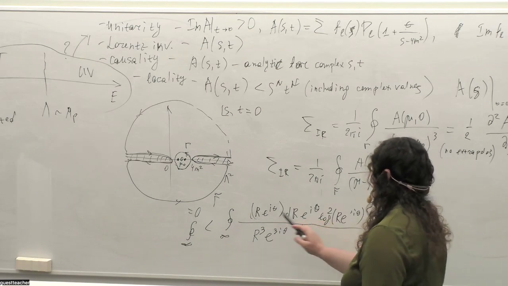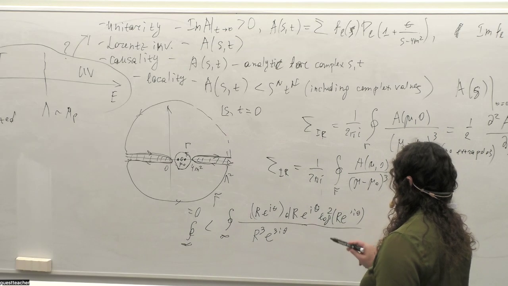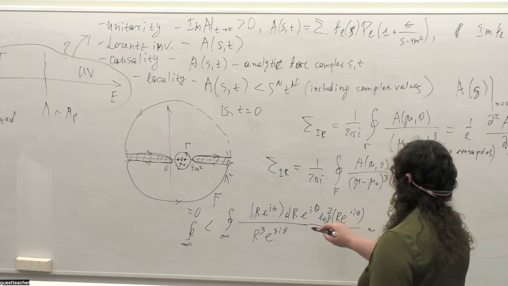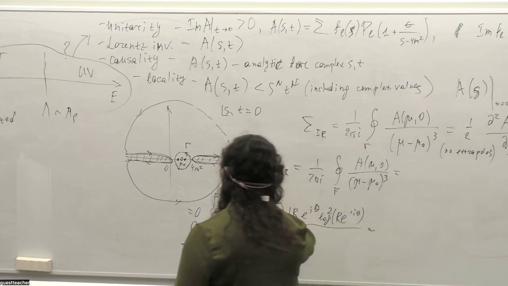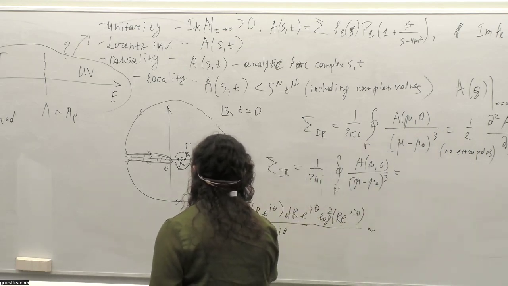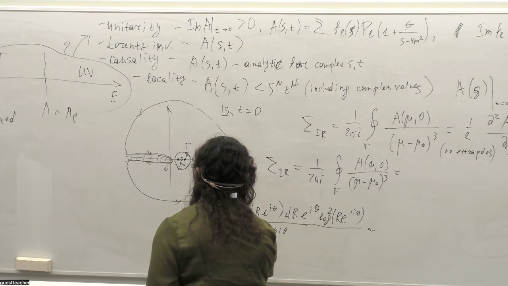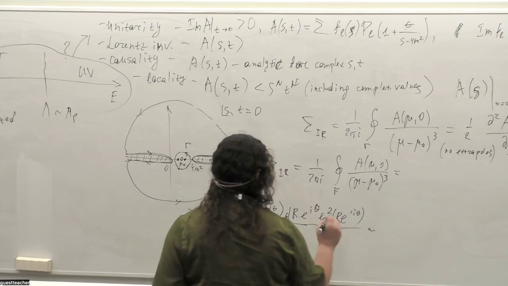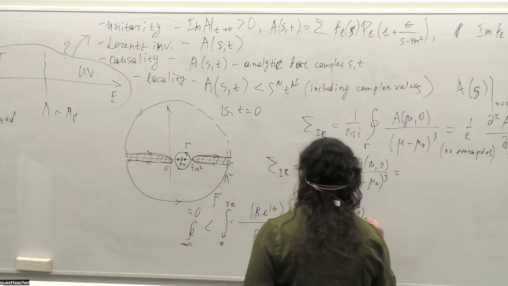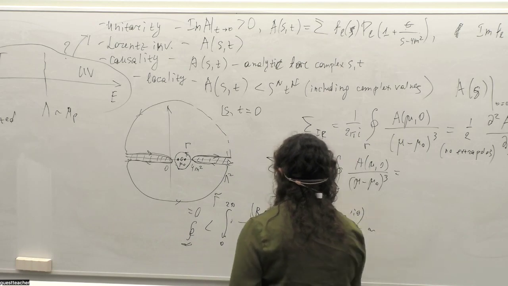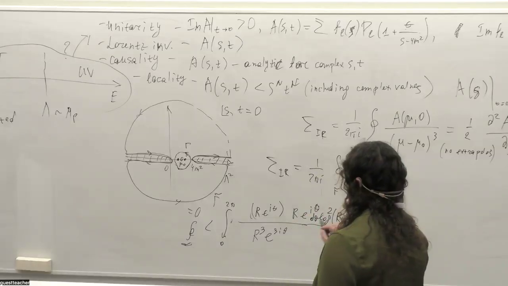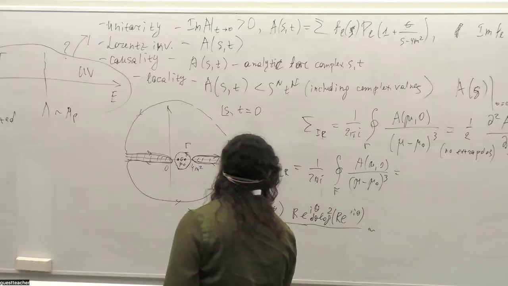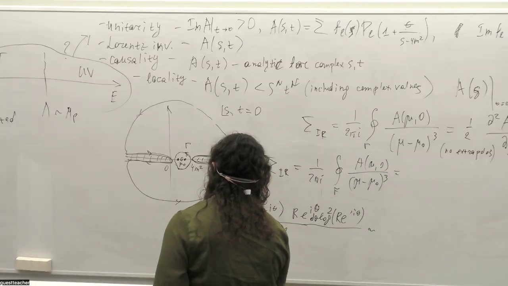It's R log squared R, times some angular variable where theta is going from 0 to 2 pi, d theta. So I'm integrating with respect to the angle and R going to infinity.